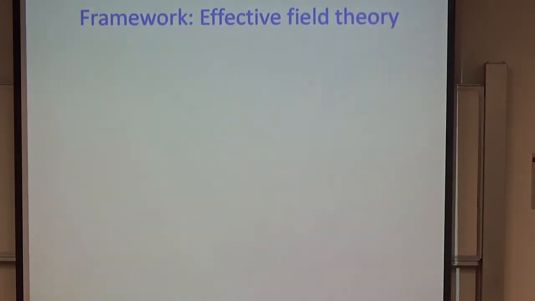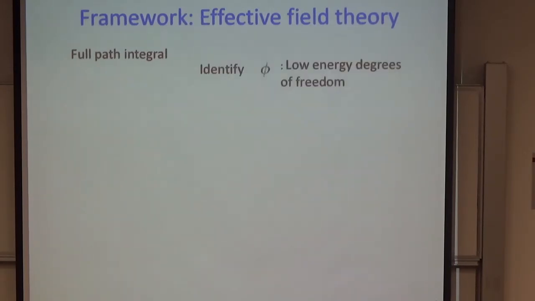Okay, so the basic framework is what we call the effective field theory. And the basic idea of the effective field theory is the following. Let's consider the full path integral of your system. This is the exact description of your system. Since we are interested in the low energy physics, physics at long distance and long time scale, you try to identify those degrees of freedom which are only relevant at low energies.